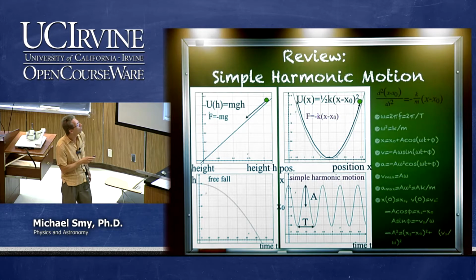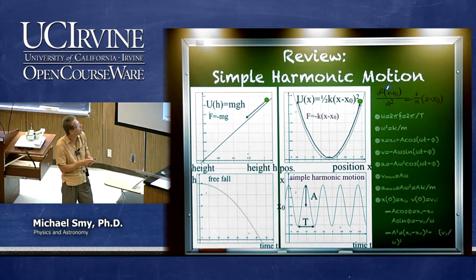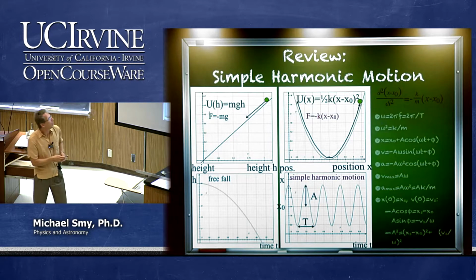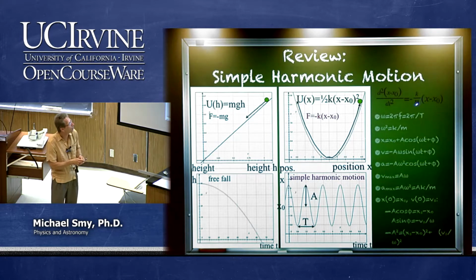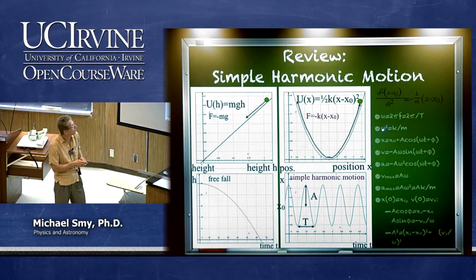And from Newton's law, F equals ma, one can then derive this differential equation, which relates the second time derivative of the deviation to the deviation itself. And we define this coefficient here, k over m, as the angular frequency omega squared.